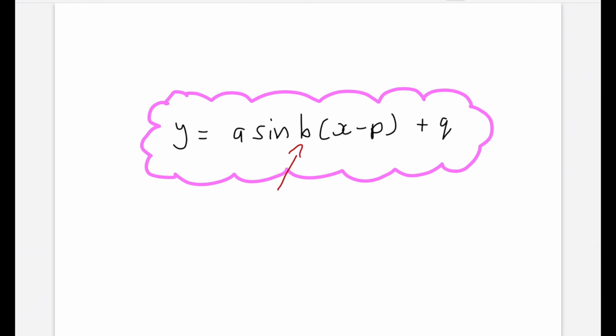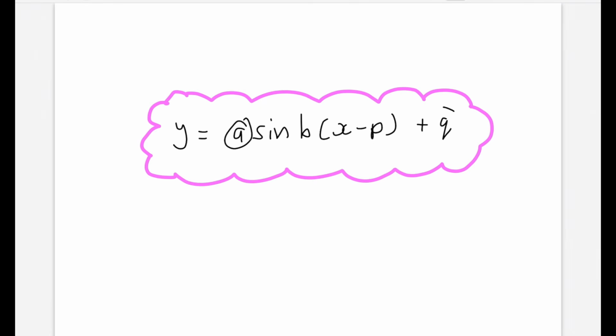B affects the period. The period of any sine graph is equal to 360 over b. P has to do with horizontal shift. And Q shifts the graph up or down vertically. So that is the general form of a sine graph.